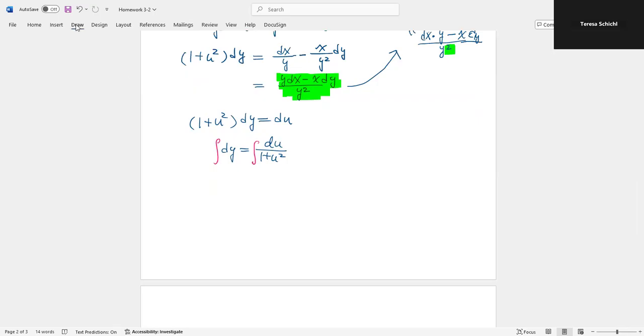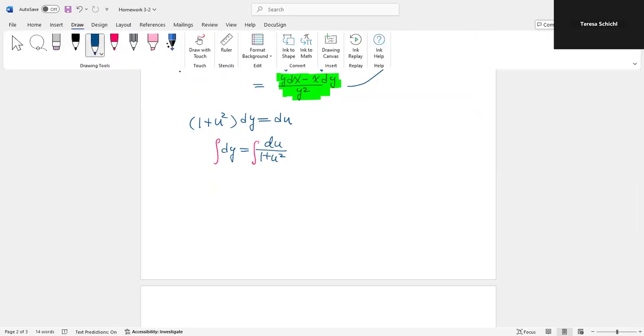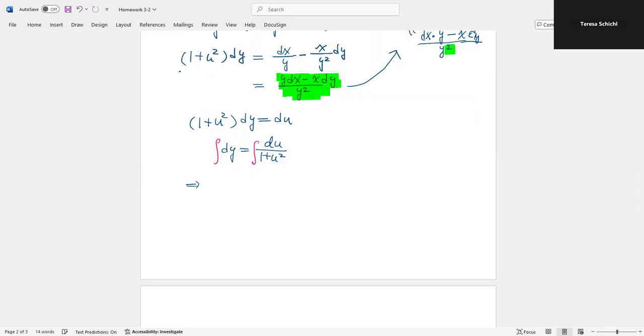After I integrate both sides, I can say arctan u equals y plus some constant. Then arctan u, so arctan of x over y equals y plus c.